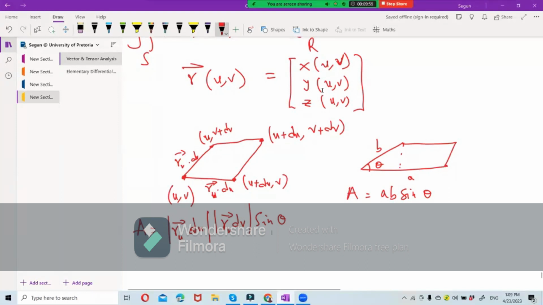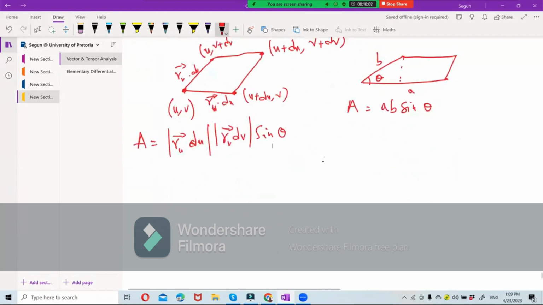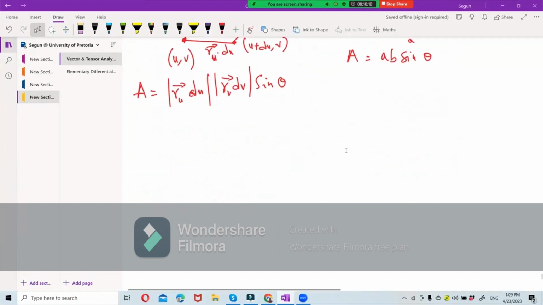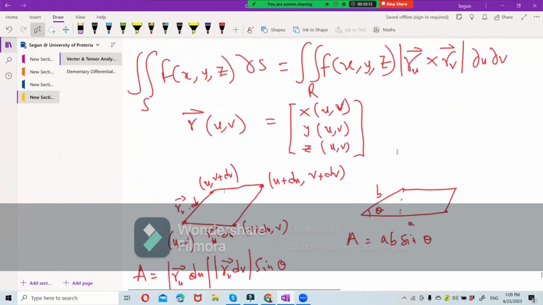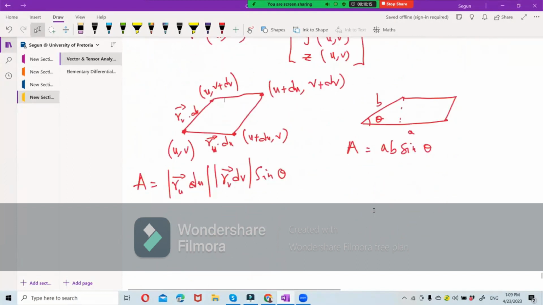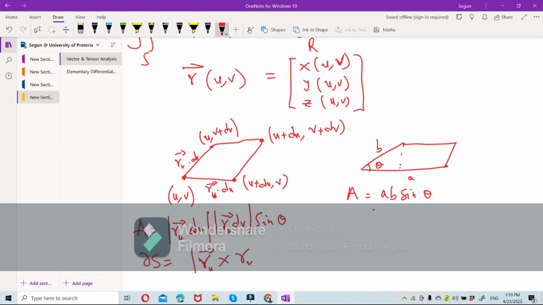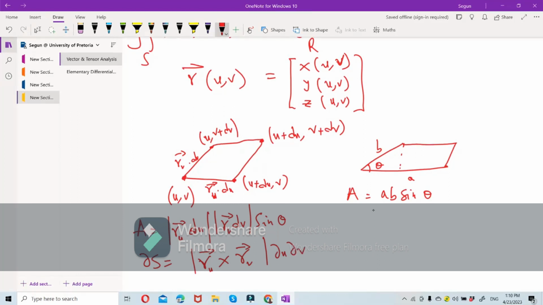And the same thing happens here. If you go further, we discover that our dS, from the formula here, the dS of the surface will be the magnitude of vector r_u cross vector r_v, du dv.